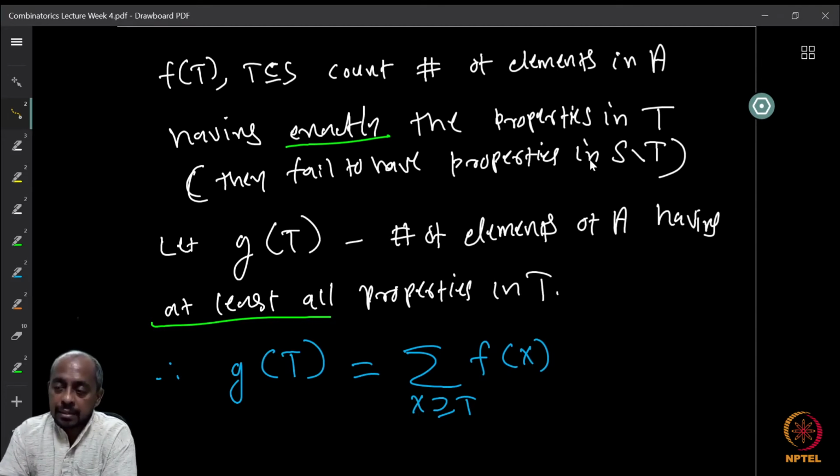Right? So that is what G of T is. So G of T can be expressed as the summation of f of x, where x contains T.